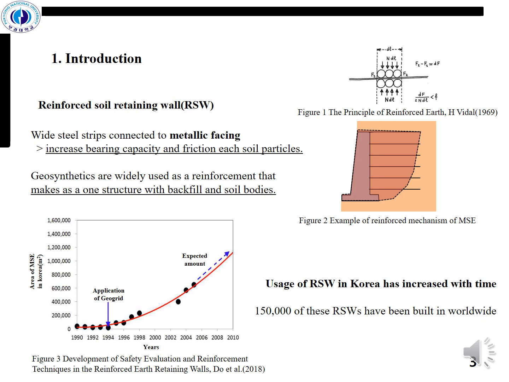Nowadays, geosynthetics are widely used as reinforcement that makes one structure with backfill and soil. As the left figure shows, the number of RSWs has kept increasing after the 1990s, and 150,000 RSWs have been built worldwide.